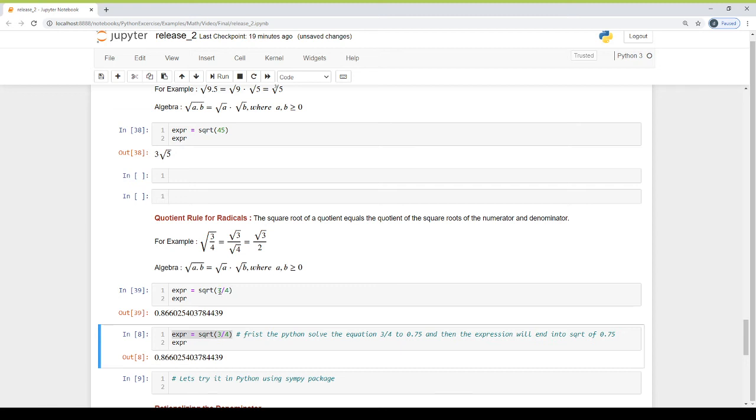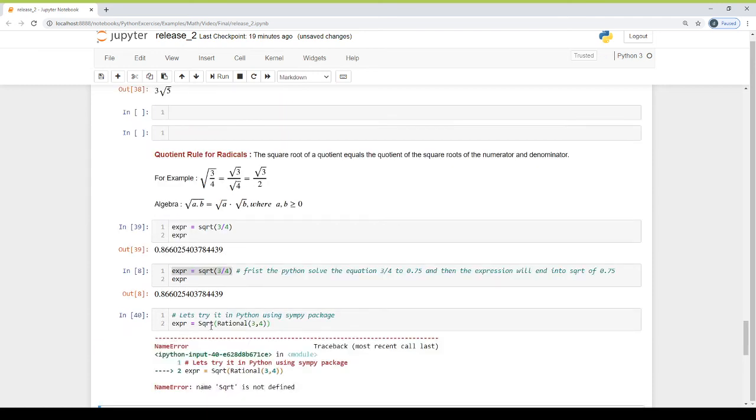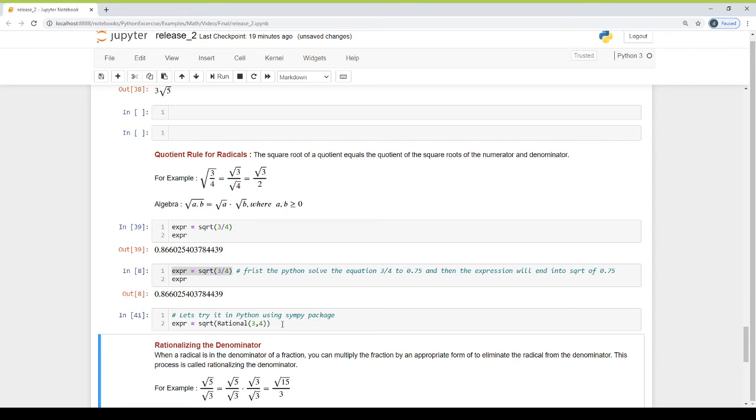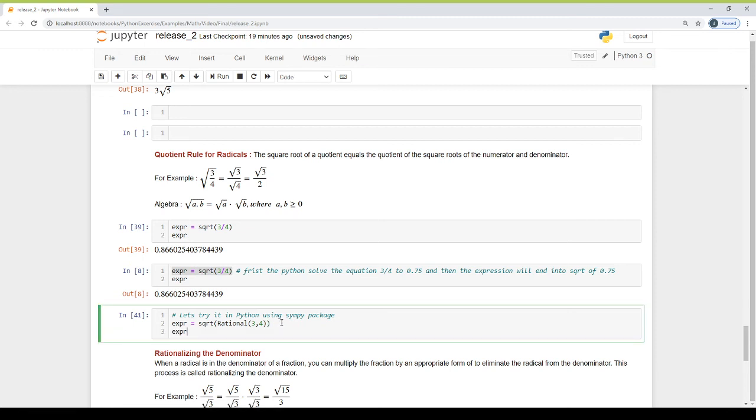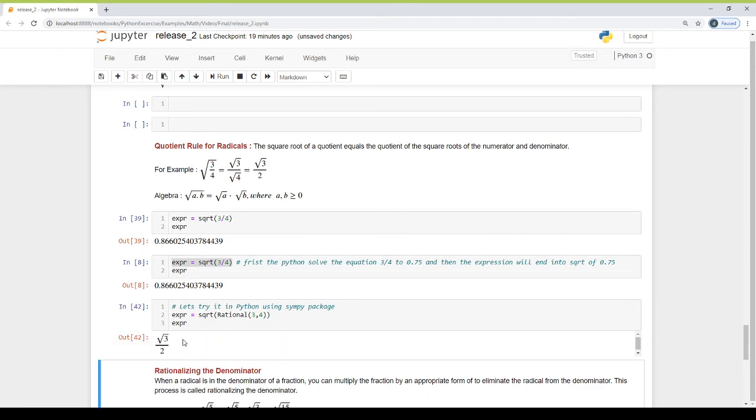To do it correctly using the SymPy package, we will write expression is equal to sqrt of rational 3 comma 4, and now we will get the square root, and then print expression, and this is our right result.